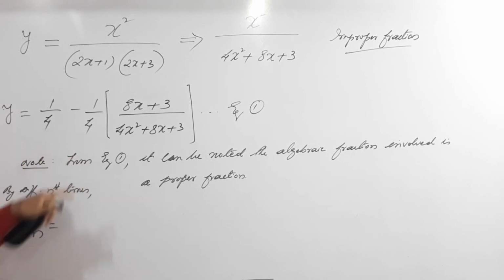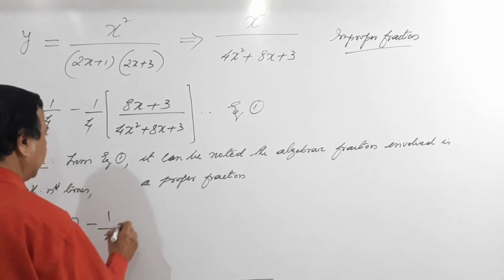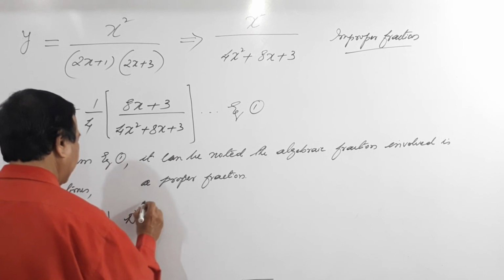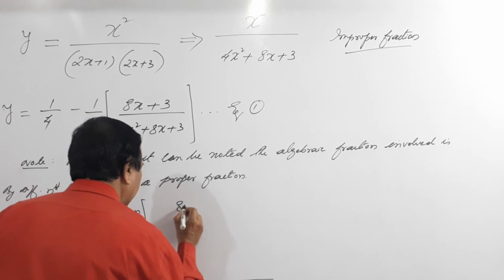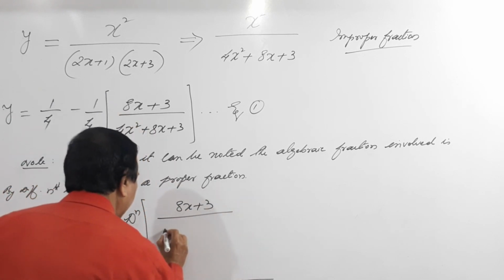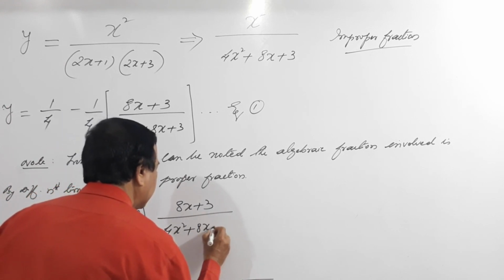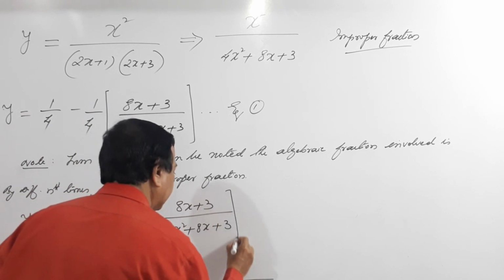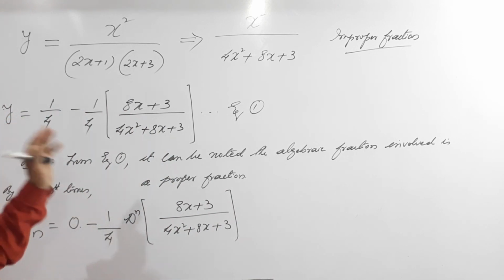Differentiation of a constant is 0, minus 1 by 4 d to the power of n of 8x plus 3 divided by 4x square plus 8x plus 3.